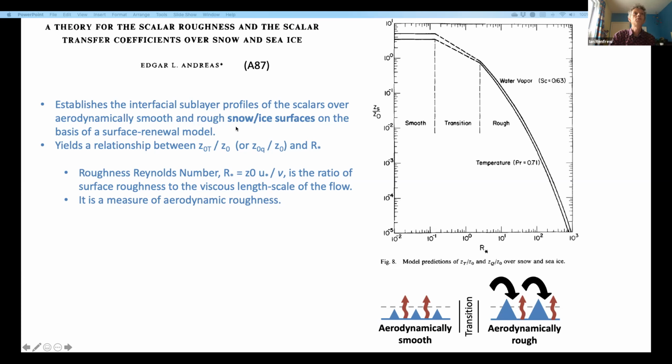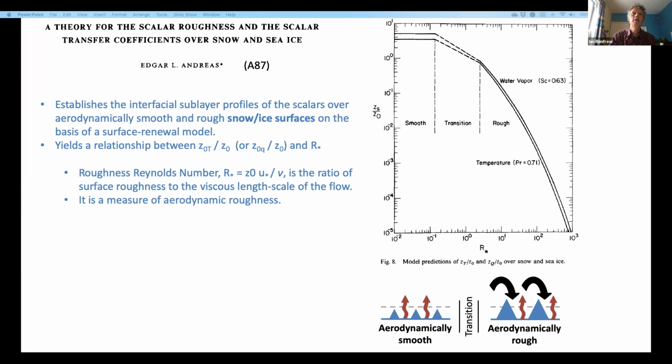And there's some theory by Ed Andreas, who I'm sure many of you know and remember, and he looked at this for over ice and snow surfaces and did some theory here and found that 3 different transitional regimes popped out of the theory. So the smooth, the transitional regime, and the rough regime.